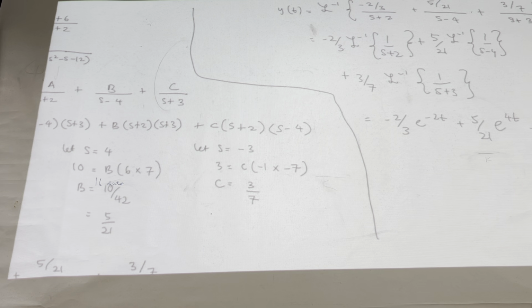So d square y over dt square plus 4y equal to Laplace of exponent minus 2t.